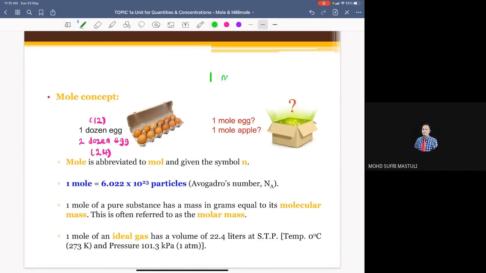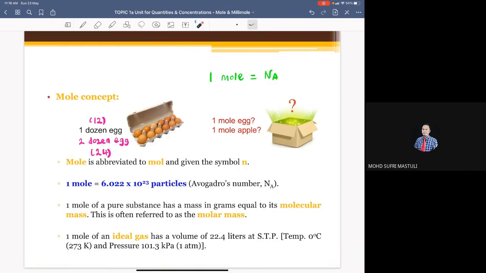1 mole, in terms of the number of quantities, is equivalent to the Avogadro number. The Avogadro number is 6.022 times 10 to the power 23.